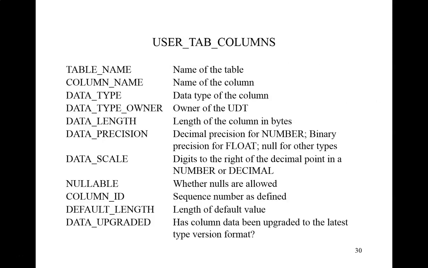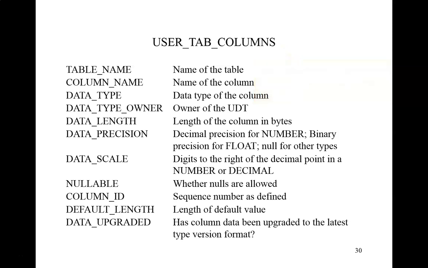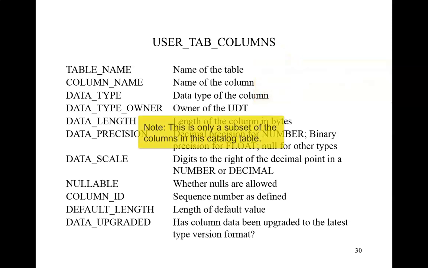The metadata regarding the table and its columns that is returned by using the describe command is actually obtained from UserTabColumns, part of Oracle's data dictionary. What we want to bring to your attention here is this is only a subset of the columns within UserTabColumns.